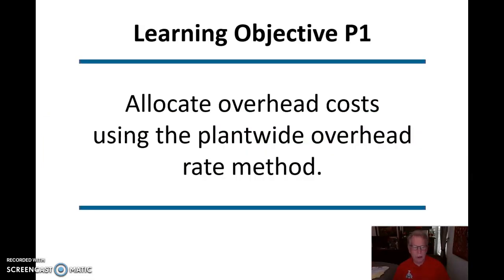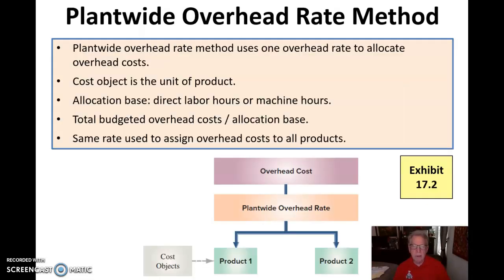Let's take a look at how we do that for the plant overhead rate method. This is pretty simple. It uses one overhead rate to allocate those overhead costs. We call the cost objects the units that we're making out in the plant. Our allocation base can be a number of logical things.